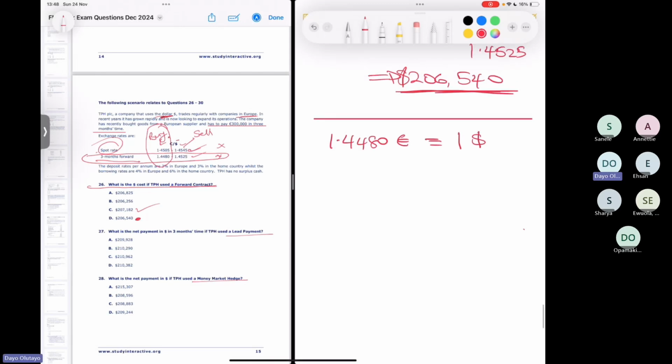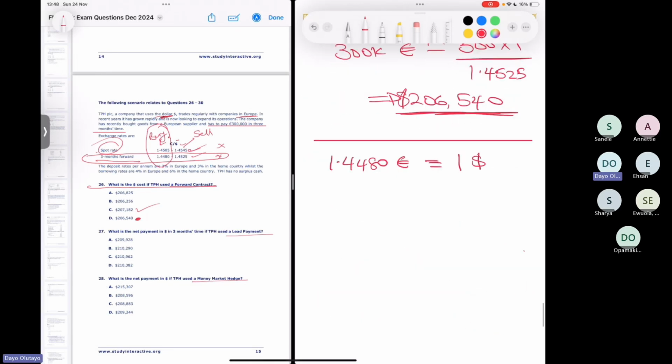Then the money we have is 300,000 euro, so it has to be on this euro side, 300k euro. Then we want to know the equivalent in dollars here. Then we always have to cross. So 300 times 1, then the other one comes down, 1.448. And that's how we got 207,182.